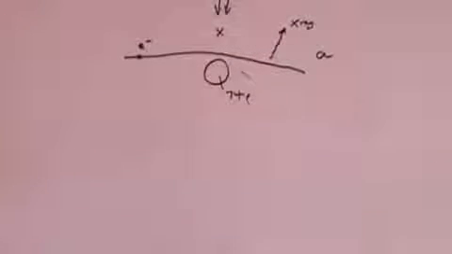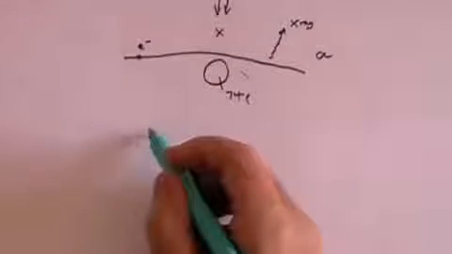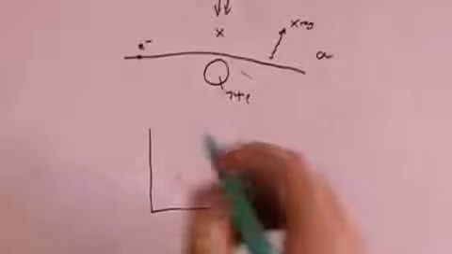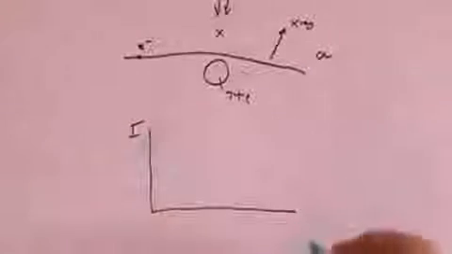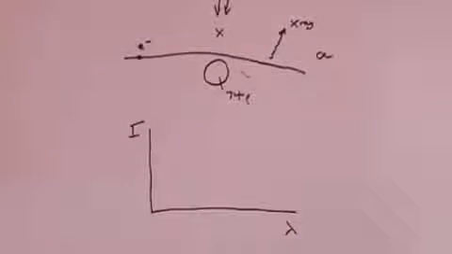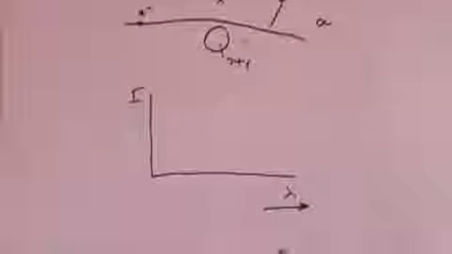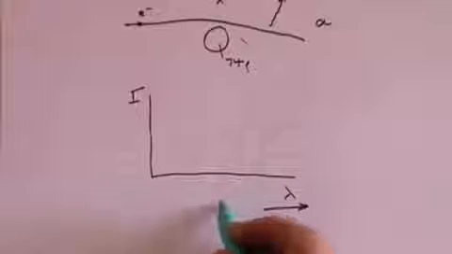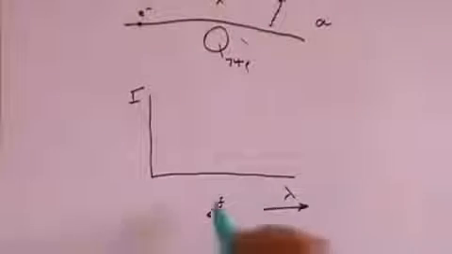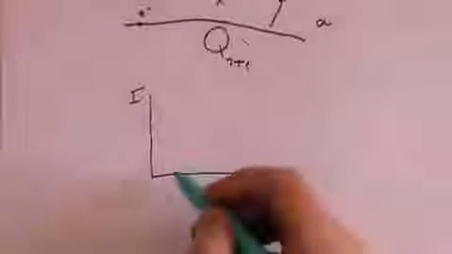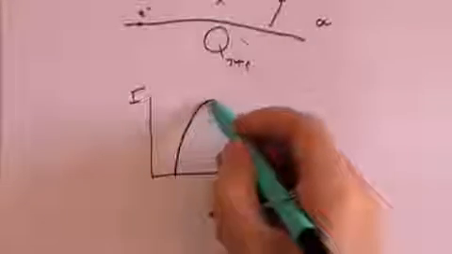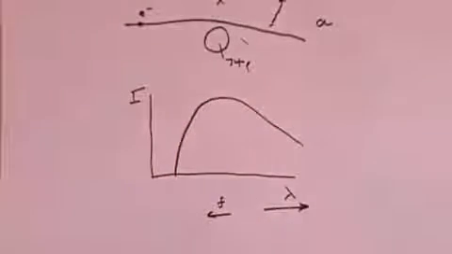And if you were to plot the intensity of X-rays against the wavelength of those X-rays, remember wavelength is increasing, which of course means that frequency is decreasing, then you get a graph that looks something like this.